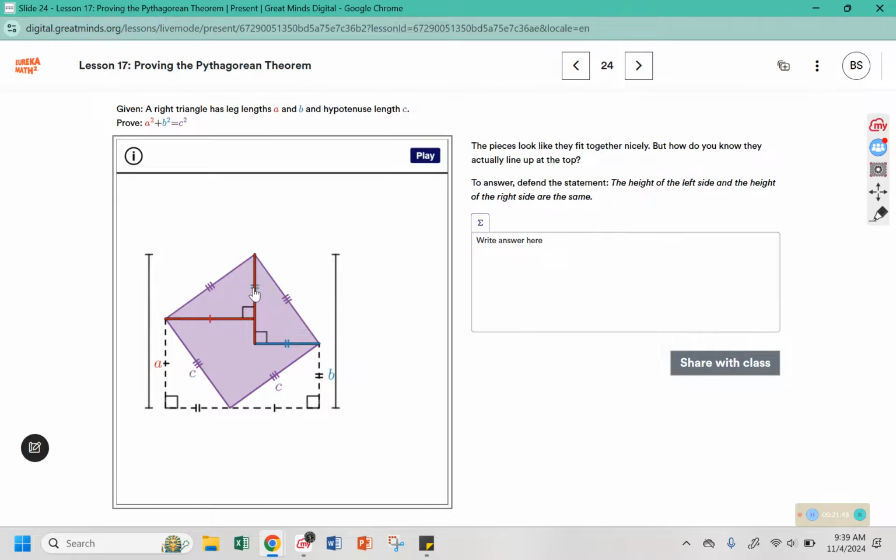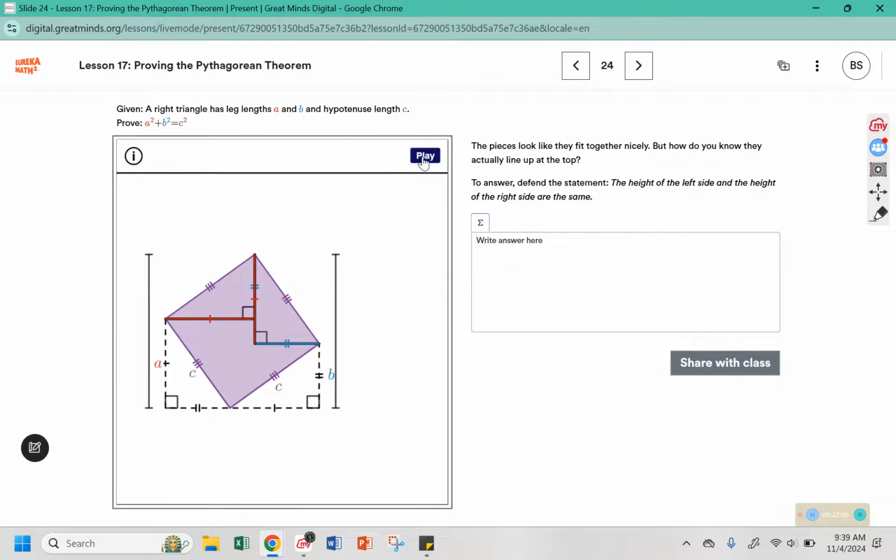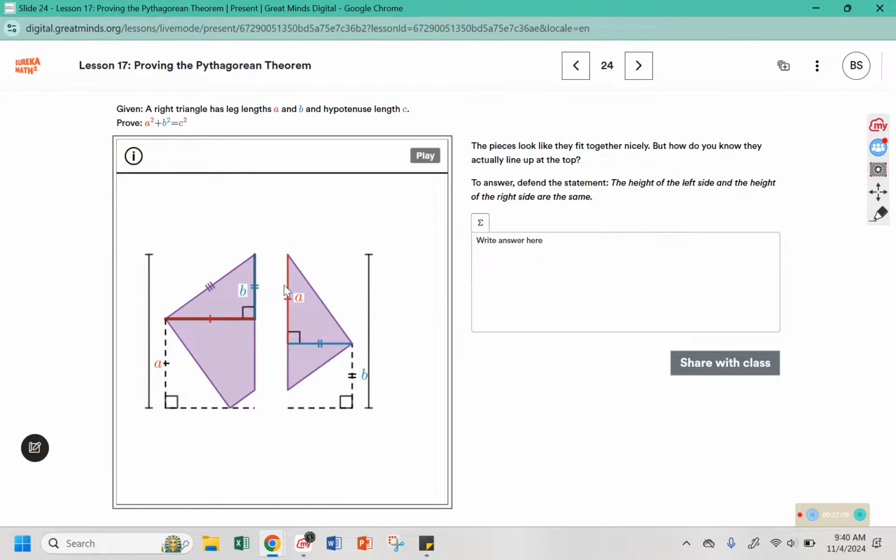This right here is A, and this piece is B. Right here, this was A, and this little chunk was B. You can see here A and B, B and A.